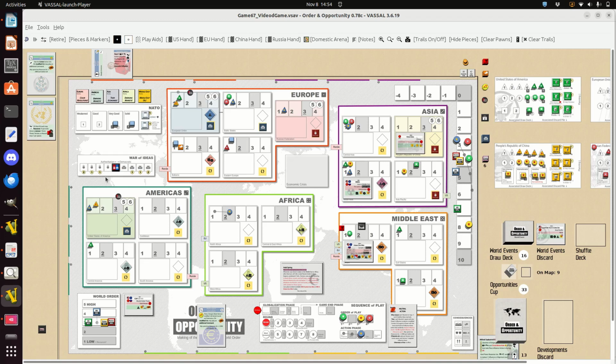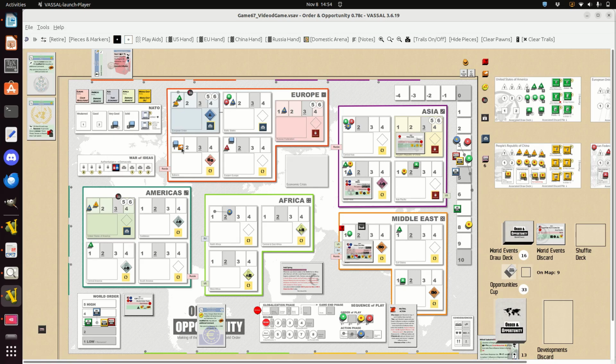And if the track shifts too far in either end, then each of the powers, player sides, that is, of a particular ideology, they begin to earn victory points. So for instance, if the marker shifted here to the authoritarian end, then both authoritarian powers in the game, that is Russia and China, would earn 1 victory point each.